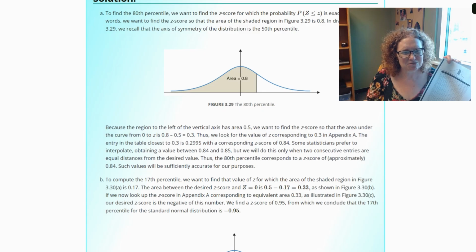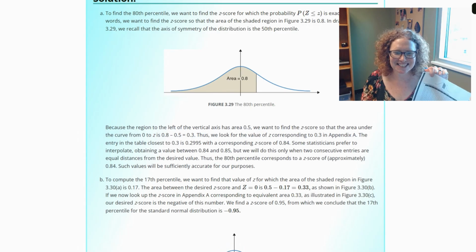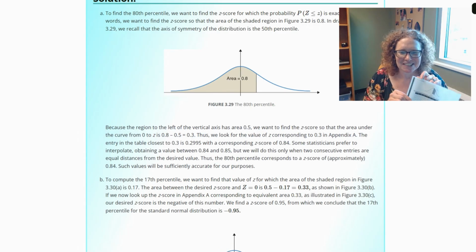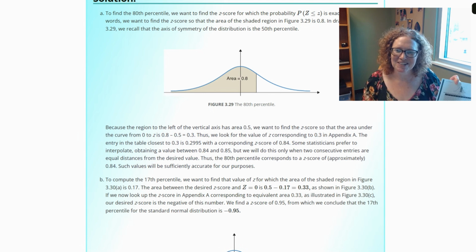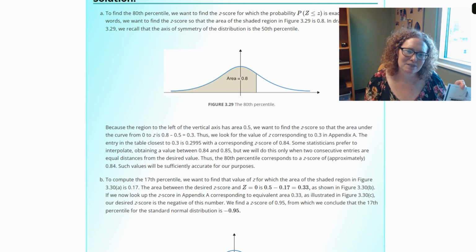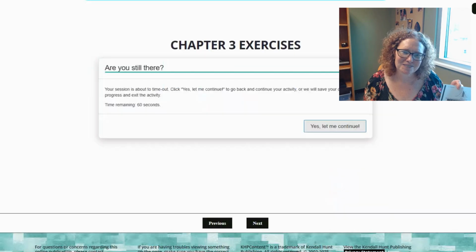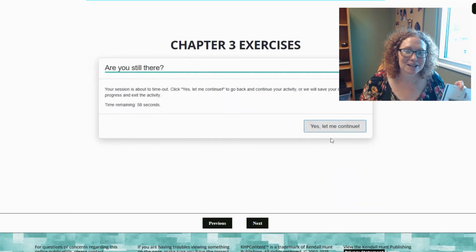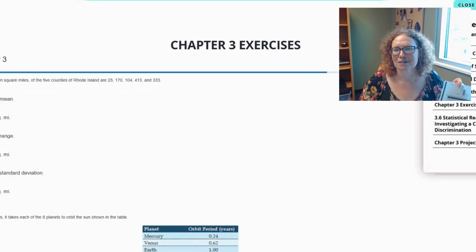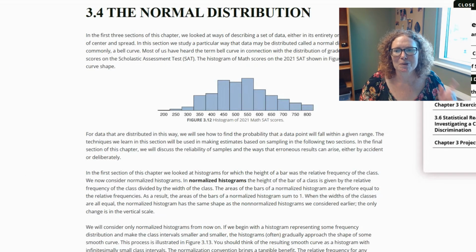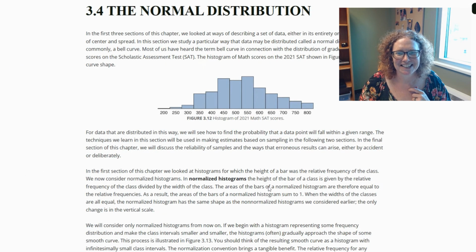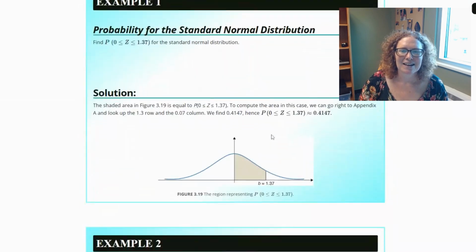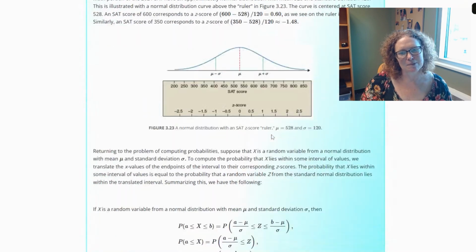So we can guess a value between the two. It could be halfway between, 0.845 maybe, which ends up being 0.84 or 0.85. So it's somewhere around there. Remember, we're estimating it, so it's not an exact science, but it's going to be close enough.